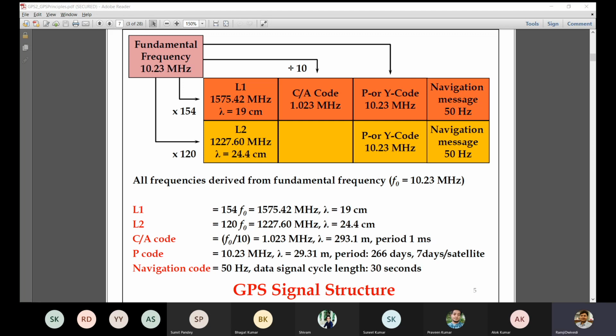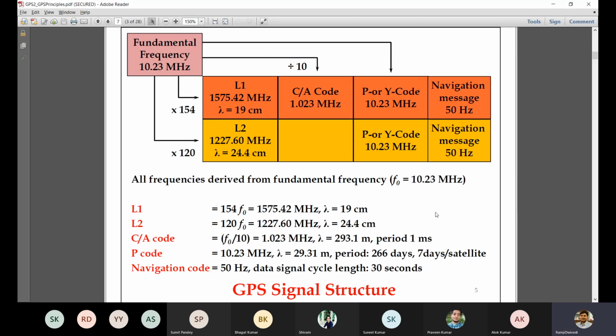That is one aspect of the signal, the carriers, which are right-handed circularly polarized. Again, all frequencies are derived from the fundamental frequency. CA code, P code, navigation message, everything is.